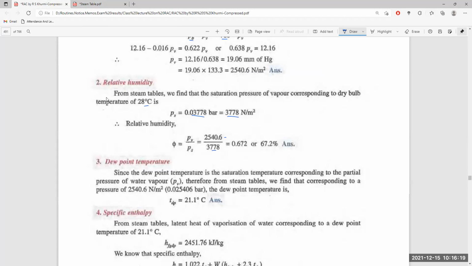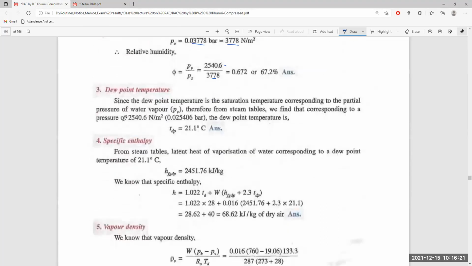Next, specific enthalpy. We have to use this equation: H is equal to 1.022 times dry bulb temperature, plus the humidity ratio times the latent heat enthalpy at dew point, where F is for fluid, G for gas, and D for dew point temperature.